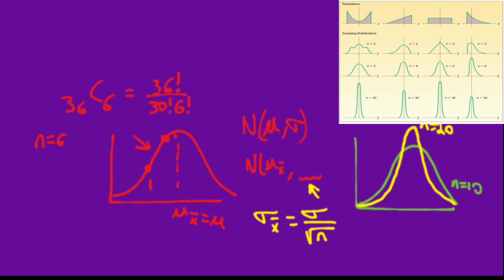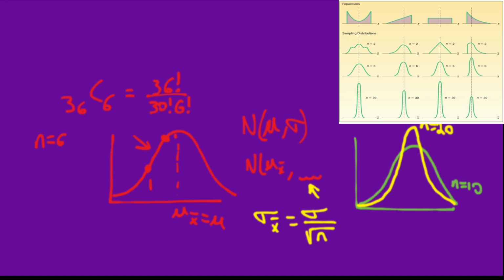We won't get into deriving this equation in this course just for the sake of time, but as you progress in your statistics courses, you'll definitely find out exactly where it comes from. What we want to draw from it is that it's related to how spread out the population is. If you have a population that is more widely spread and you take a certain sample size, the sample is going to be more spread out than a sample from a population that's tighter. That makes some intuitive sense.